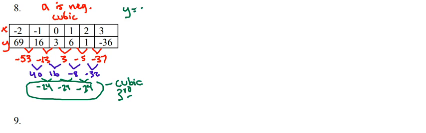This is a function that can be written in this form: ax cubed plus bx squared plus cx plus d, where a, b, c, and d are just the coefficients on those different terms. From this table, I know that d is equal to 3. Put that over here, d equals 3. And from the common difference, you can find out what a is.